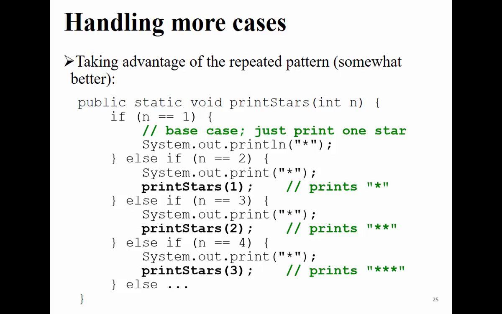They will not end. Such a design for a recursive method is not efficient, because we don't know how many n we have, and when we're going to stop. If you always use if statements, calling print star for 1, for 2, for 3, this is not efficient.